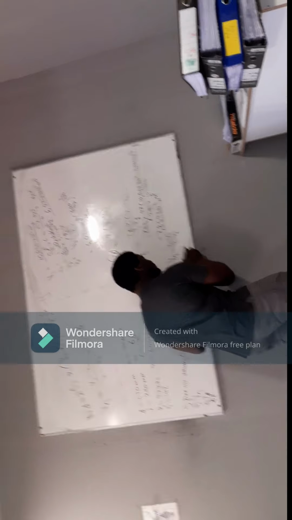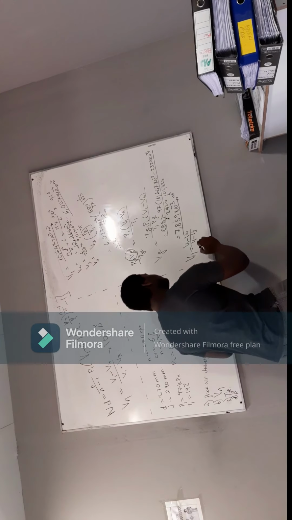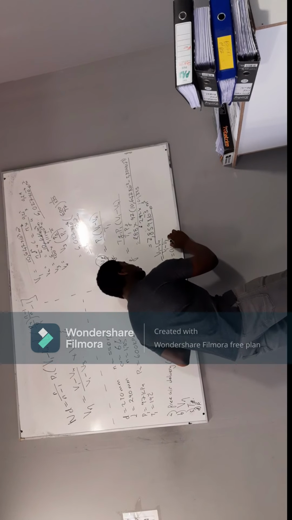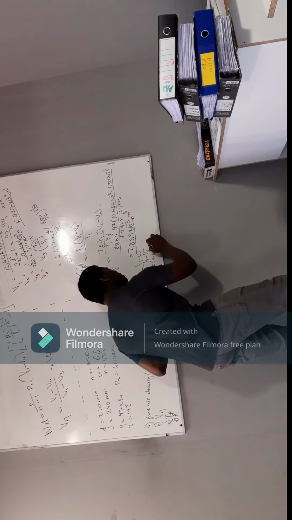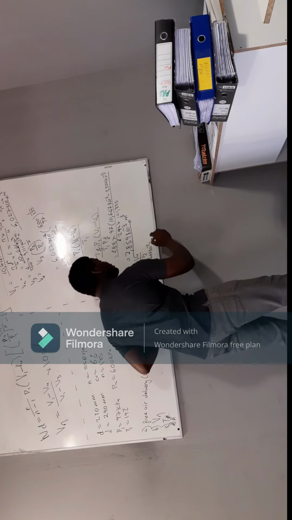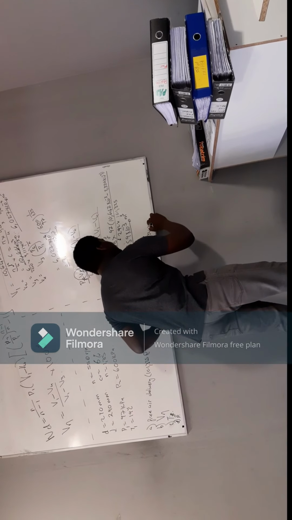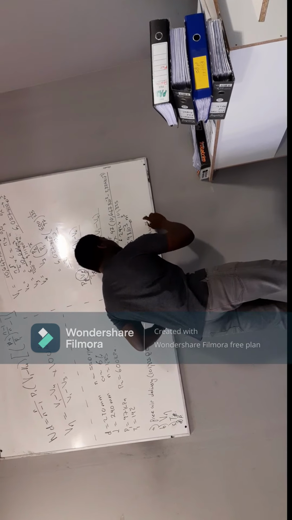Are we together? Okay, so it's going to be, open bracket, 10.647 times 10 to the power negative 3 minus 2.324 times 10 to the power negative 3.